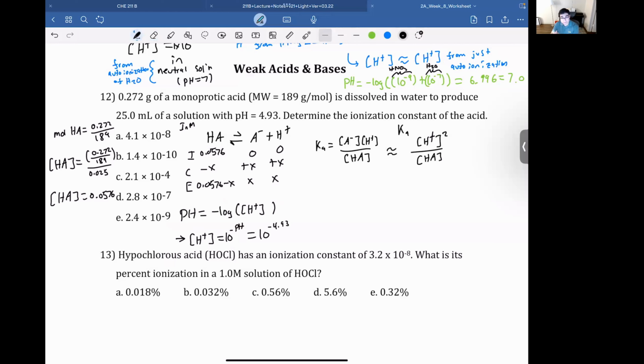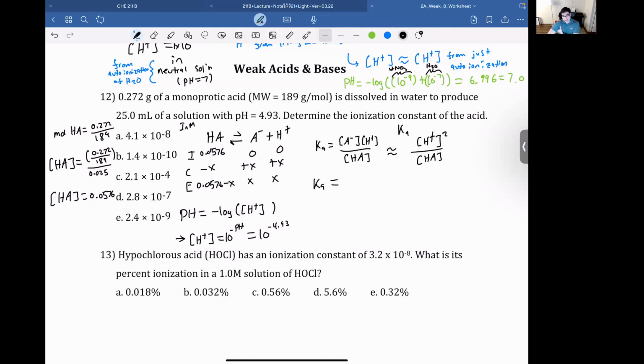And then we get that. Now, 10 to the negative 4.93 is small, and it's pretty negligible compared to HA, but I'm not going to drop it just to make sure we don't lose any precision when calculating Ka.